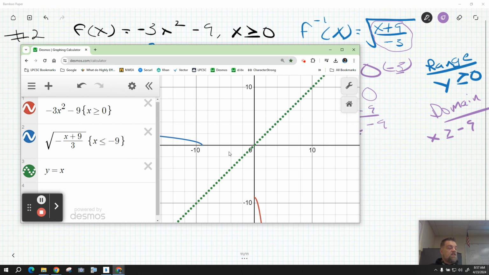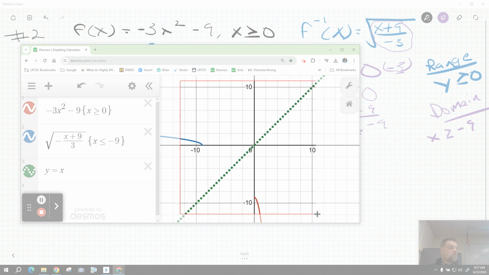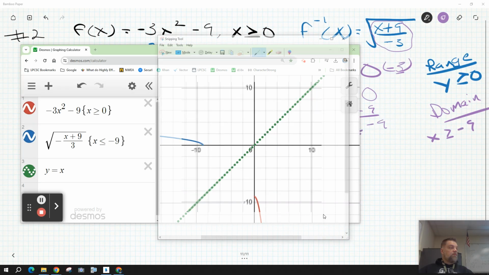So you could see the symmetry. There it goes. So if I look on your guys's problem there, we got a graph similar to this.